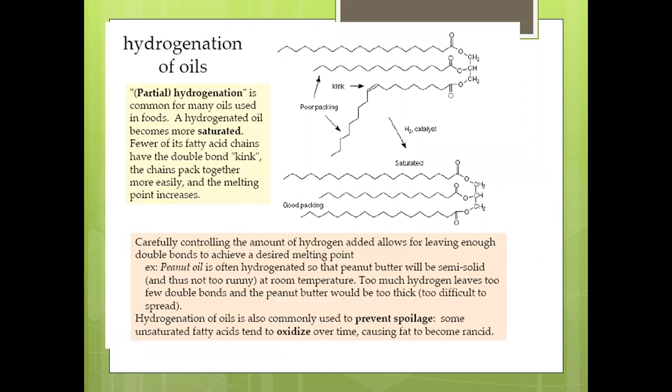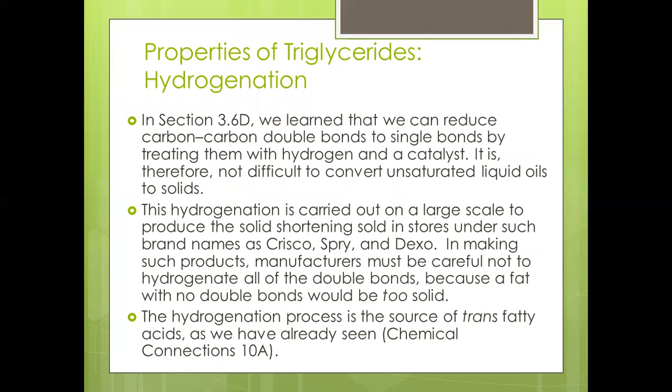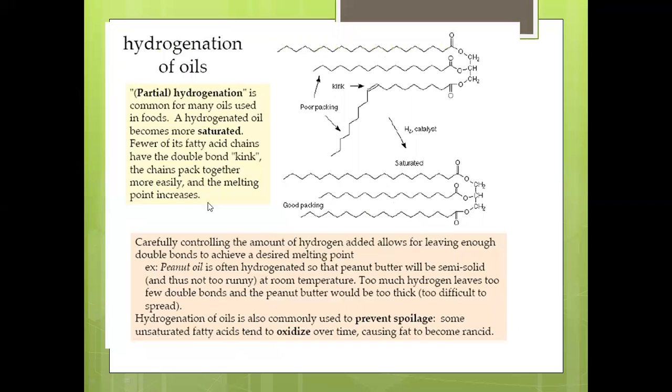Again, last time we talked about the reactions of our triglycerides, and one of the reactions is the hydrogenation reaction, the same reaction that you have learned with your alkene, with hydrogen in the presence of a catalyst. Your catalyst can be platinum, palladium, and nickel. That's what you've learned in your organic chemistry.